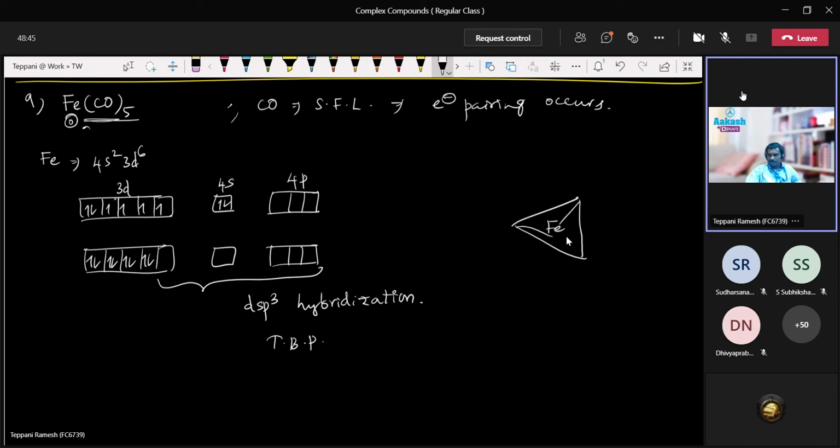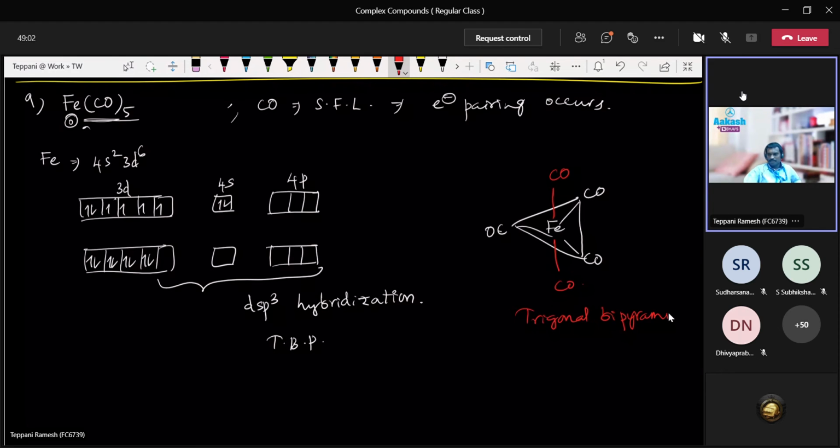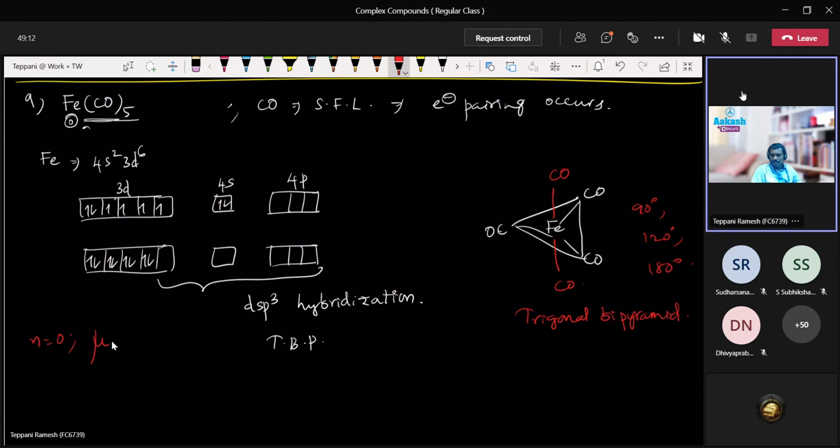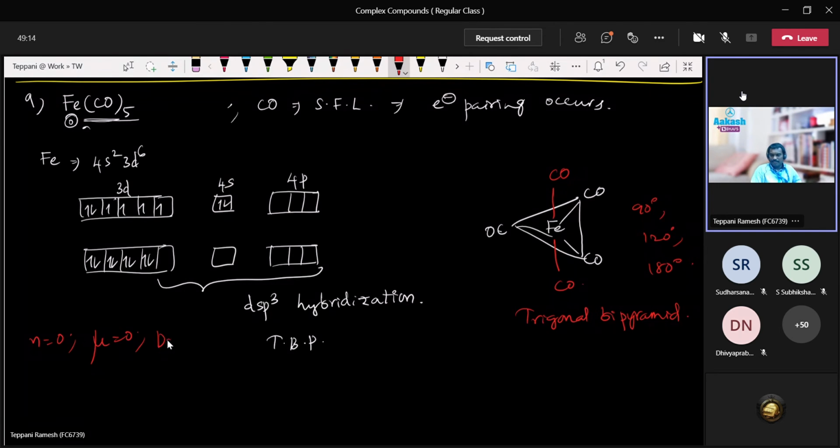In Fe, the equatorial plane has CO and the axial positions have CO. Trigonal bipyramid, angles 90, 120, 180. Unpaired electron 0, mu value 0, diamagnetic.